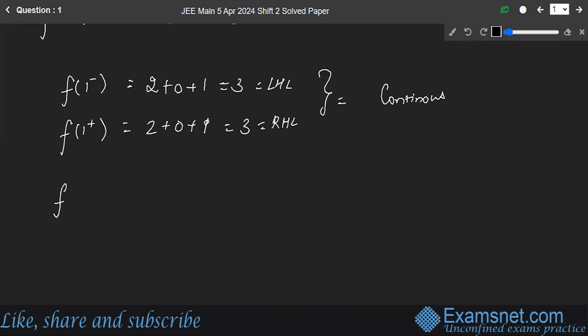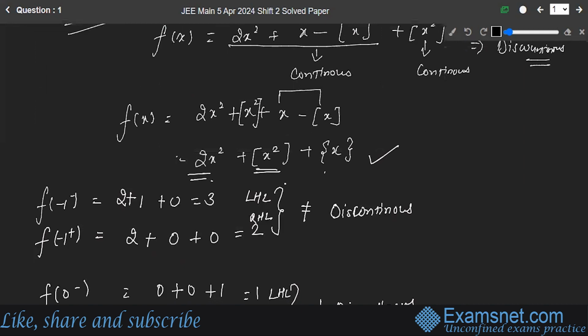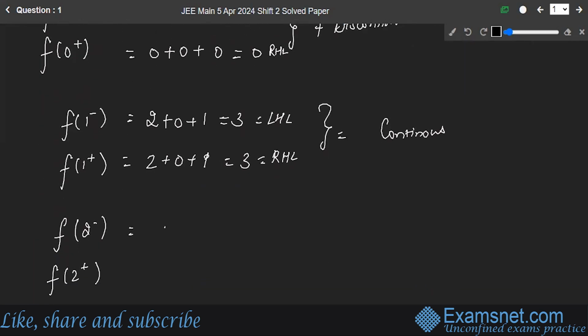Now let's move to the last point where we have to check the continuity, 2 minus and 2 plus. This is LHL and RHL. For 2 minus, this will give me 8, and the greatest integer function will give me 3 and 1. So this is 8, 3, and 1, which is 12. For 2 plus, it will be 8, 4, and 0, which is also equal to 12.